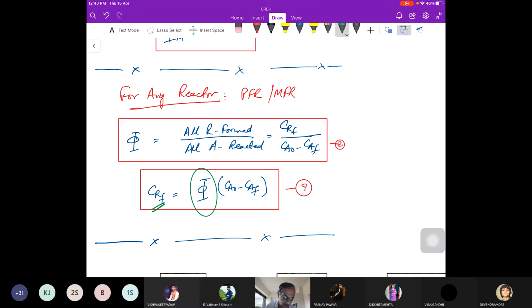Of course we need the value of CF, but the value of phi is important, so we need to find the value of phi for a PFR or a mixed flow reactor, then we can find the desired constant and the concentration of the desired product.